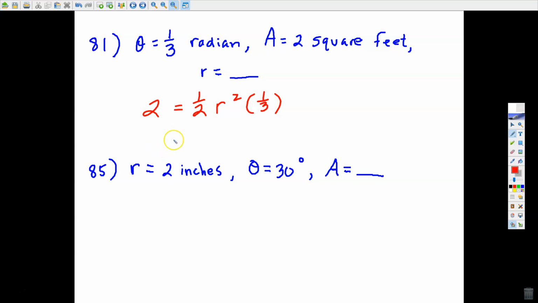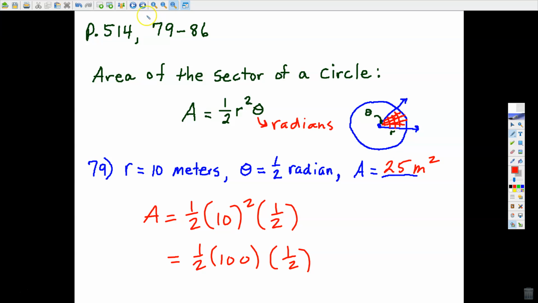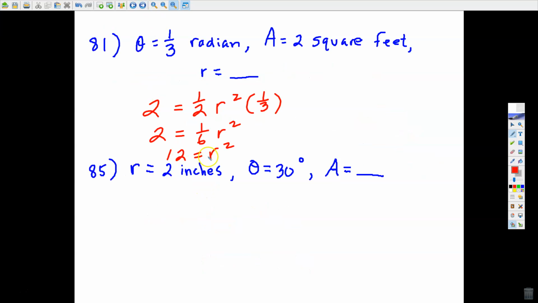So we simplify this, and we get 1/6 r squared, and multiply by 6, and we get 12 is r squared. So to get r, we need to do the square root of 12, and I don't remember what they told us to round to. 3? Okay. So somebody have that? 3.464, and since the area was given in square feet, this radius must be in feet.